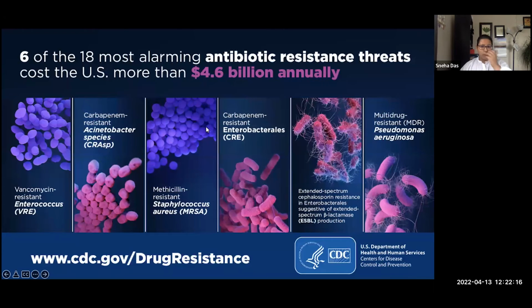As many of you might have heard, there is methicillin-resistant Staphylococcus aureus or MRSA, or even vancomycin-resistant Enterococcus or VRE. They are problematic because they are resistant to some of the antibiotics that we have, and these antibiotic resistant strains can be very expensive to treat as well, and not just life-threatening.